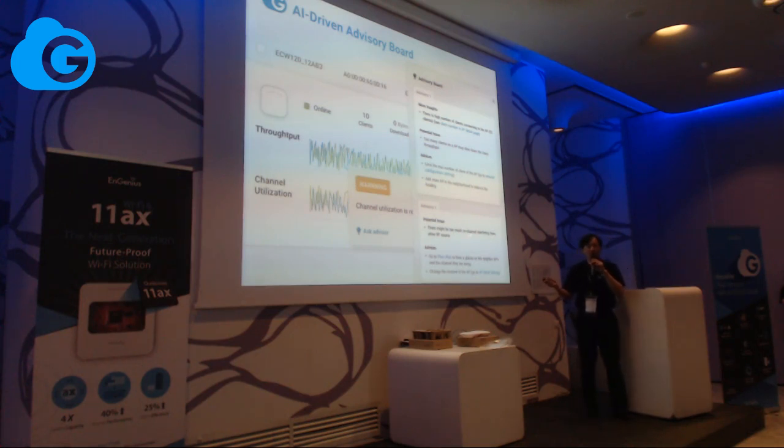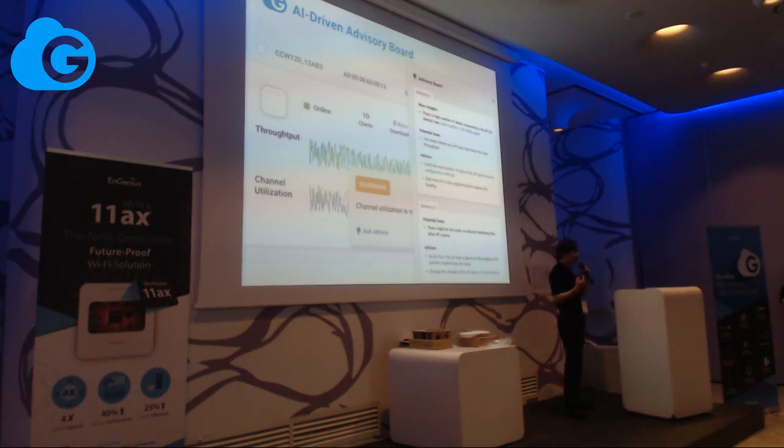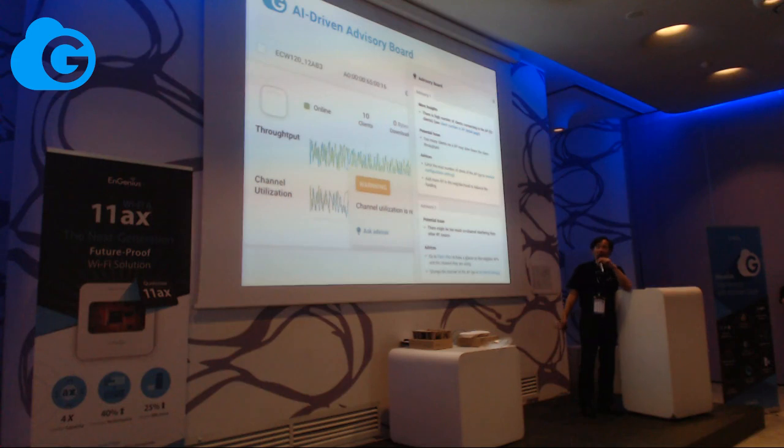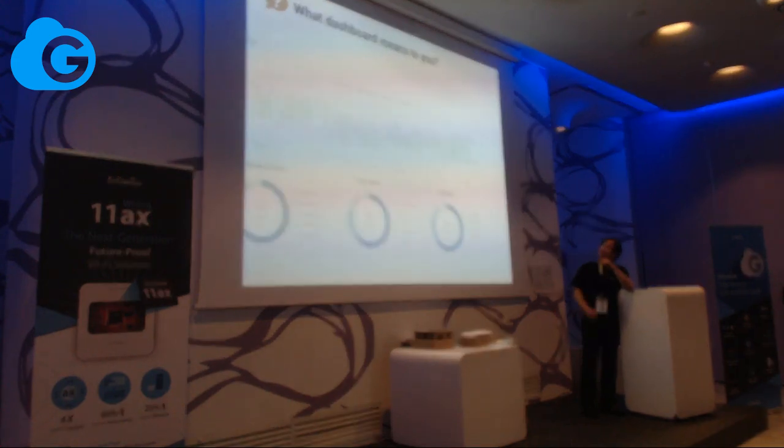If we didn't advise you, you would never know that you can make this adjustment. There are other advisories too. So the user can simply look at this and get better knowledge of his network. This is what we call the AI-based advisory.